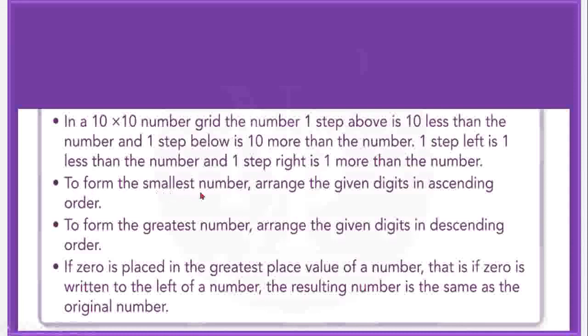To form the smallest number, arrange the given digits in ascending order. To form the greatest number, arrange the given digits in descending order. If 0 is placed in the greatest place value of a number, that is, if 0 is written to the left of a number, the resulting number is the same as the original number.